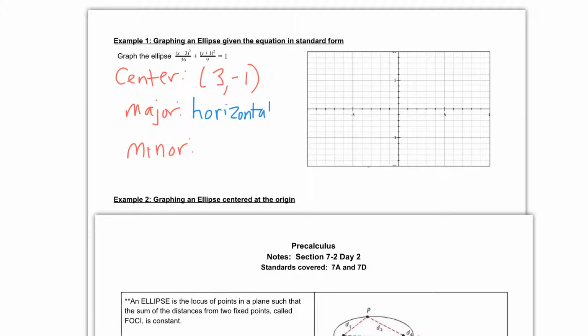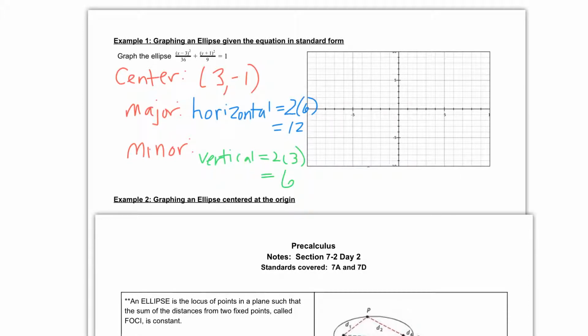So our horizontal axis, the major axis, is going to be 2 times 6, or a total length of 12. Our minor axis is vertical in this problem, and it's coming from our smaller number. So we take the square root of that 9, which is 3. So it's going to be 2 times 3, or a total length of 6.